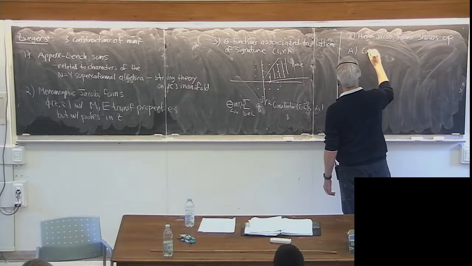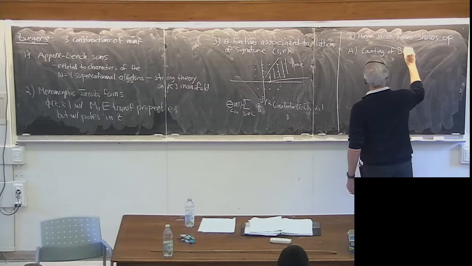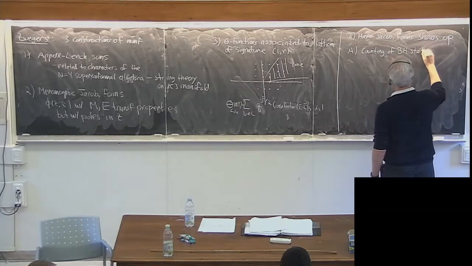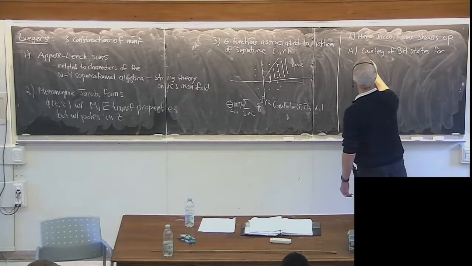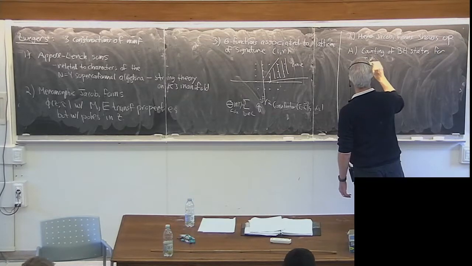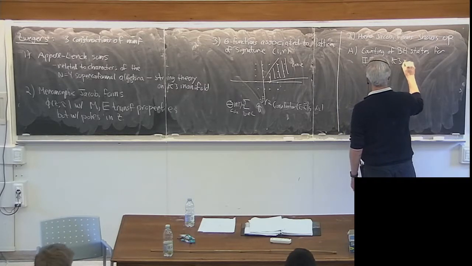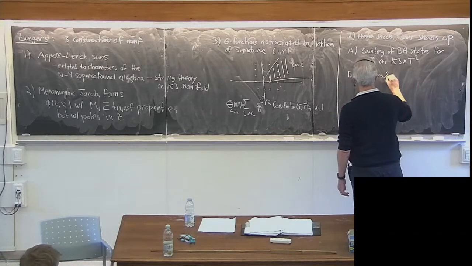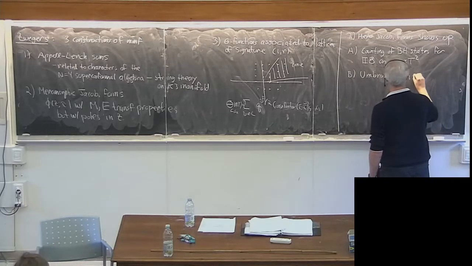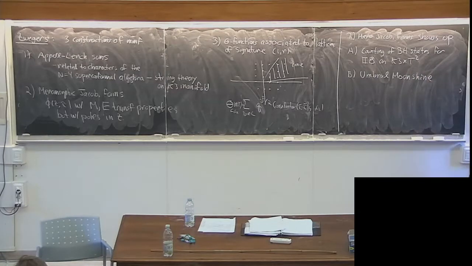So the first is in the counting of black hole states in 2D string theory on K3 times T2. And it's also shown up in a new kind of moonshine called umbral moonshine.